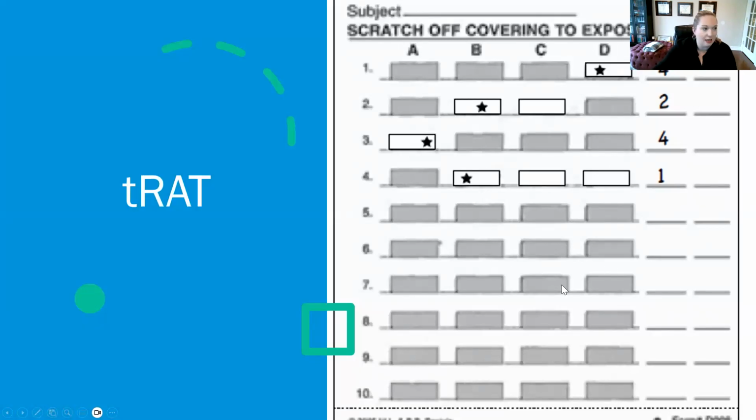This is what a TRAT test can look like, a little bit blurry. They're scratching it off, trying to find those stars. And it is really critically important that the groups are properly formed. If you have multiple learner levels, maybe a first-year, second-year, and third-year student, hopefully there's at least one third-year student in each of the groups.